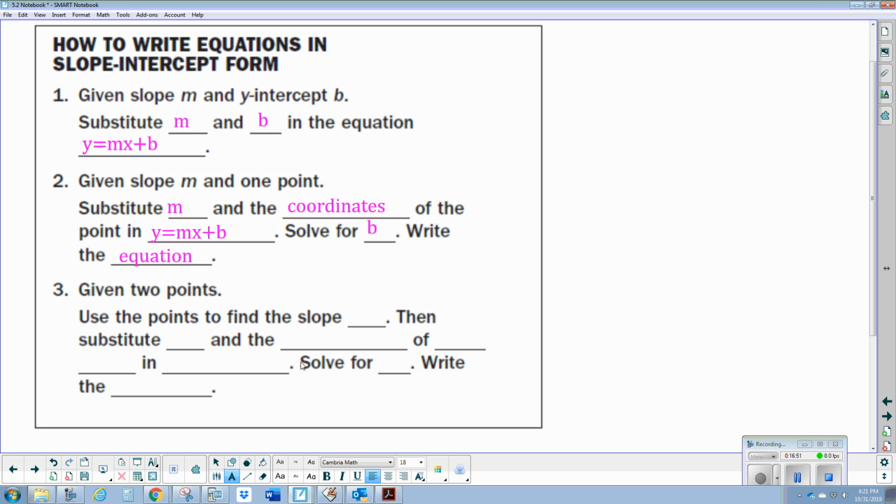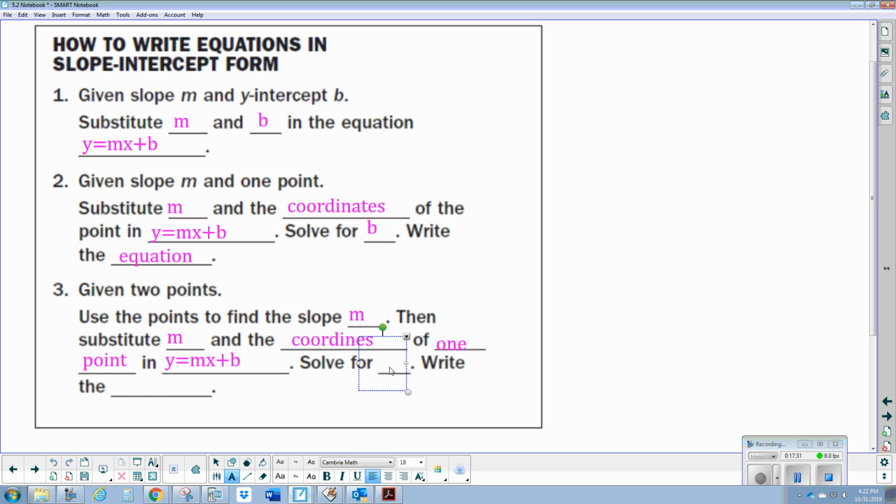The most complex version of this that we've covered so far is that if we're only given 2 points and one of them is not the y-intercept, then we need to use the 2 points to find the slope, which is m. Then we need to substitute m and one of the coordinate pairs, so one x coordinate and one y coordinate, into the equation y = mx + b.